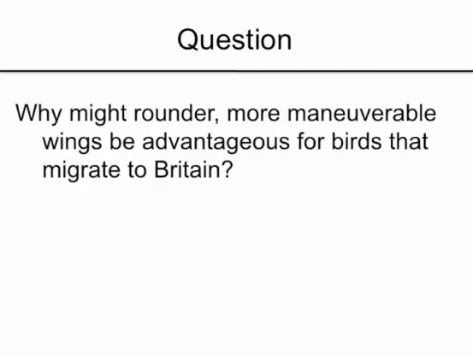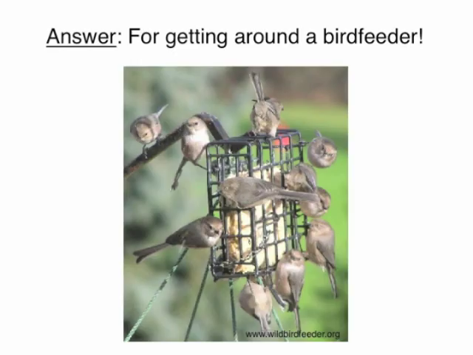So why do you think rounder, more maneuverable wings might be an advantage for birds that migrate into Britain, as opposed to long, more pointed wings? The answer has to do with what they feed on. These birds are found feeding in the winter on bird feeders, which are very packed environments where they have to maneuver very quickly, and so it helps to have shorter wings.